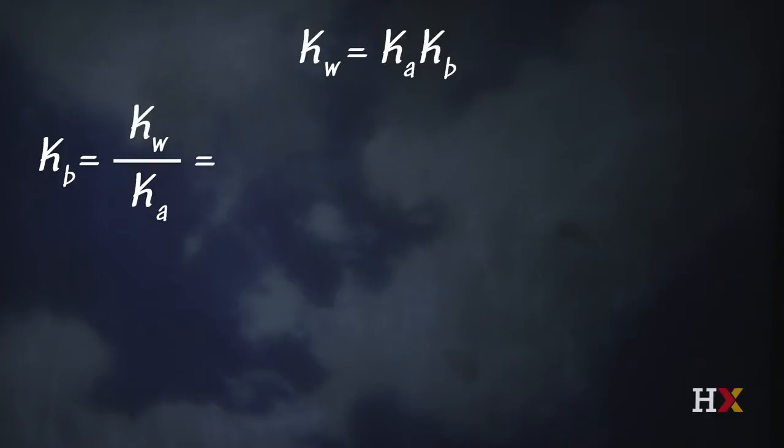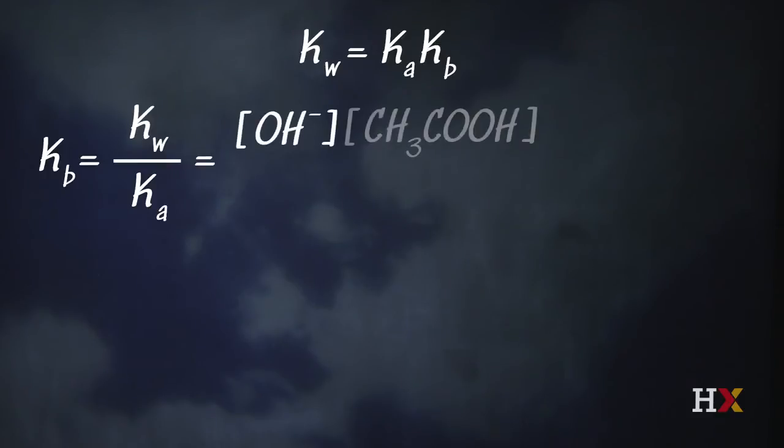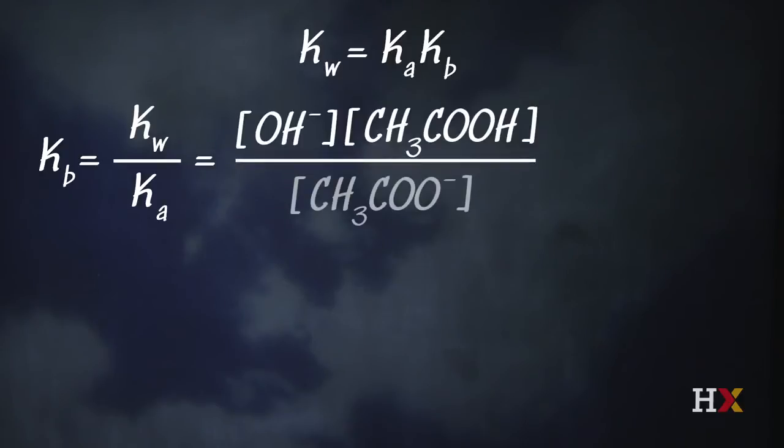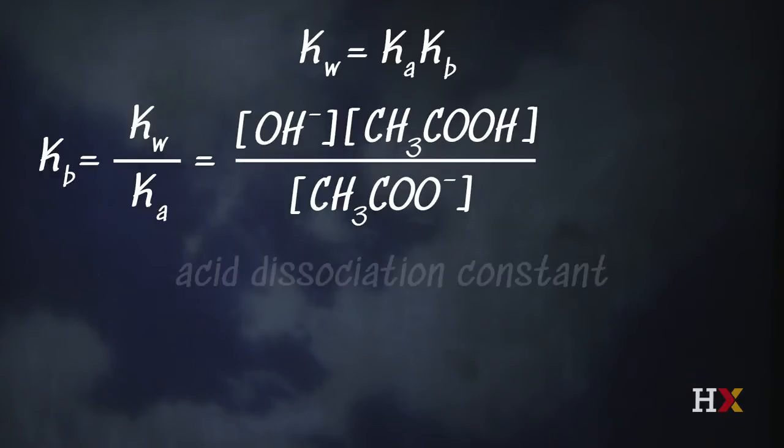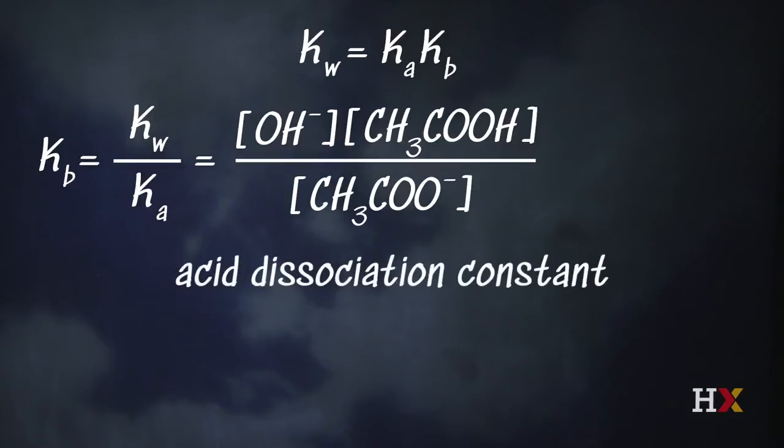So I just come back to my reaction in the RICE table, and I can immediately write down that the equilibrium constant is equal to the product of the concentration of OH minus and our acetic acid concentration divided by the reactant, which is the CH3COO anion. And I can also put in the numbers for the acid dissociation constant.